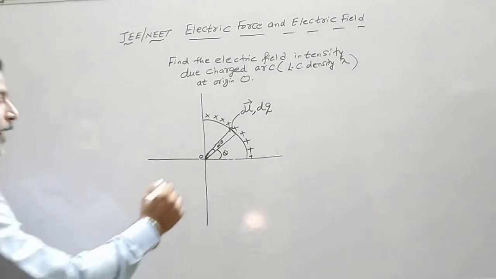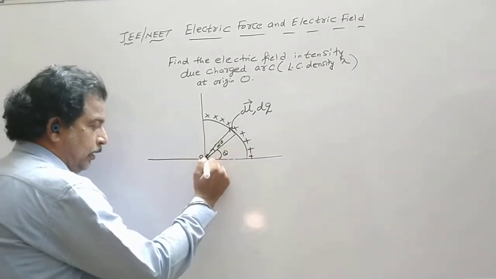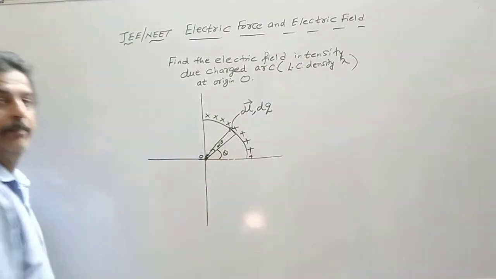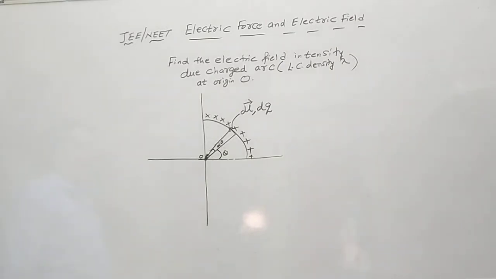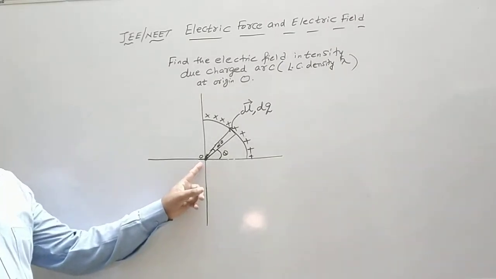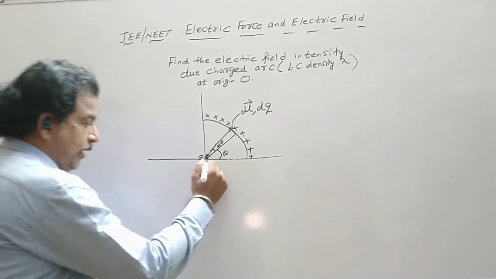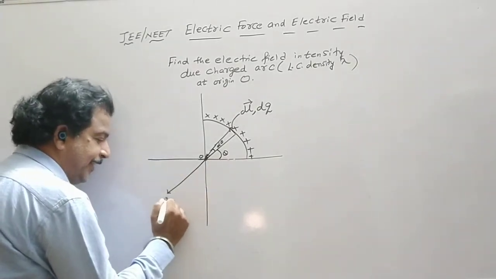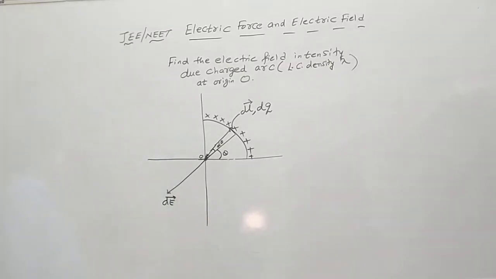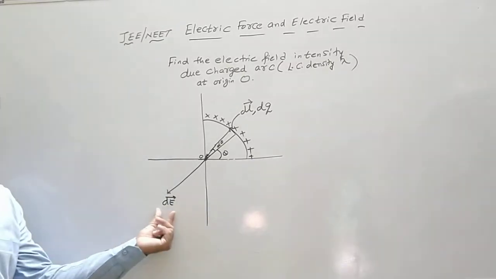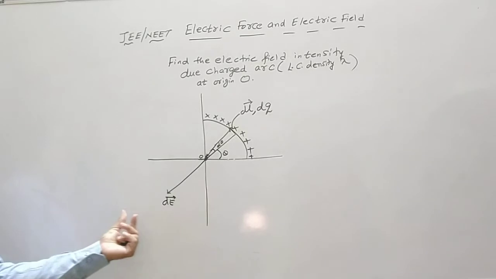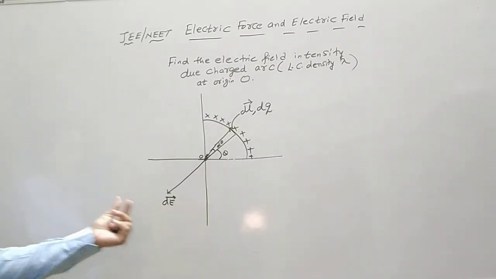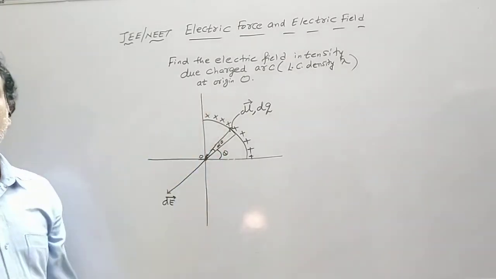Let us take a point here. We keep a test charge here. Now if we keep a test charge at this point, there will be a repulsion. So let this be denoted by dE vector. So this is the electric field intensity at the origin due to this small line element.